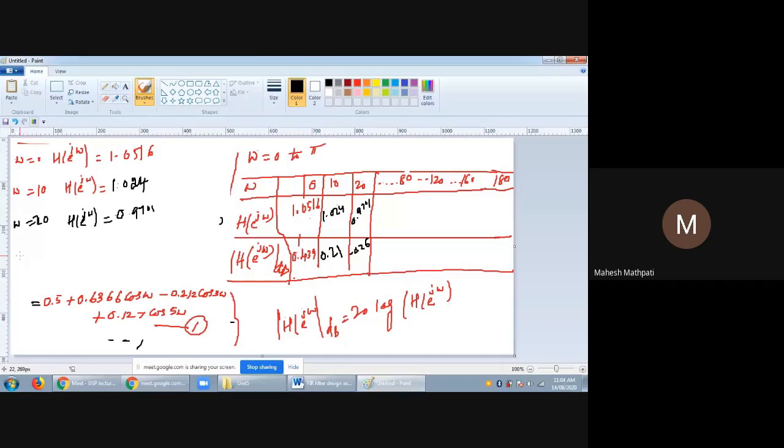Omega equals to 80. Let us calculate its value. Just calculate the value.